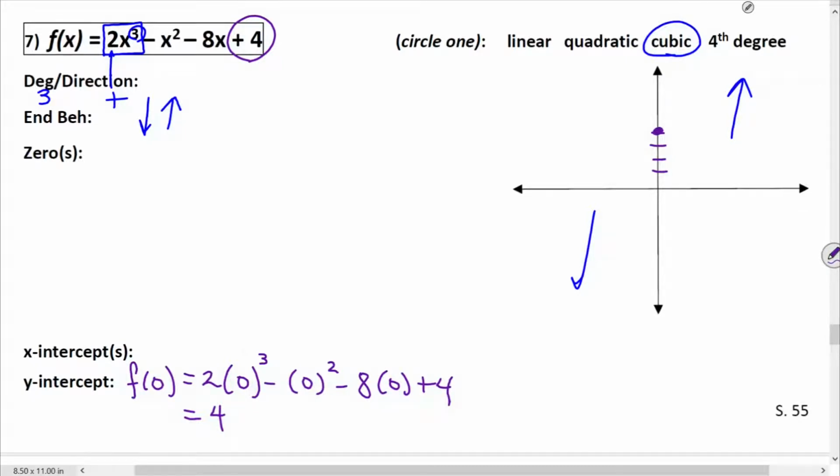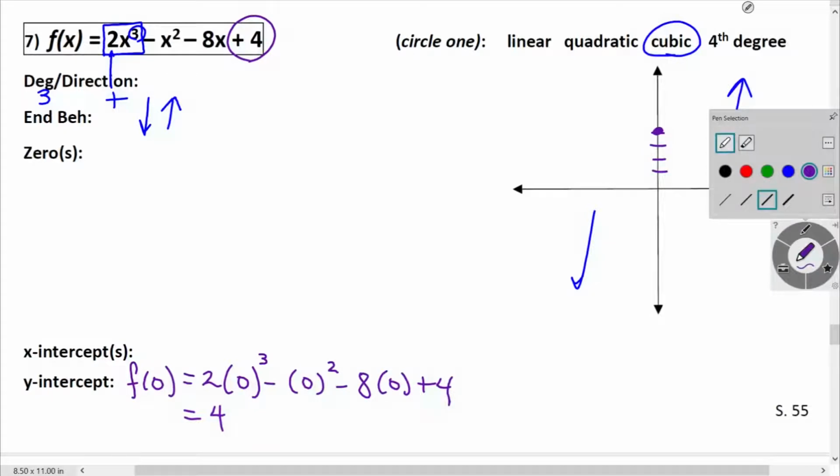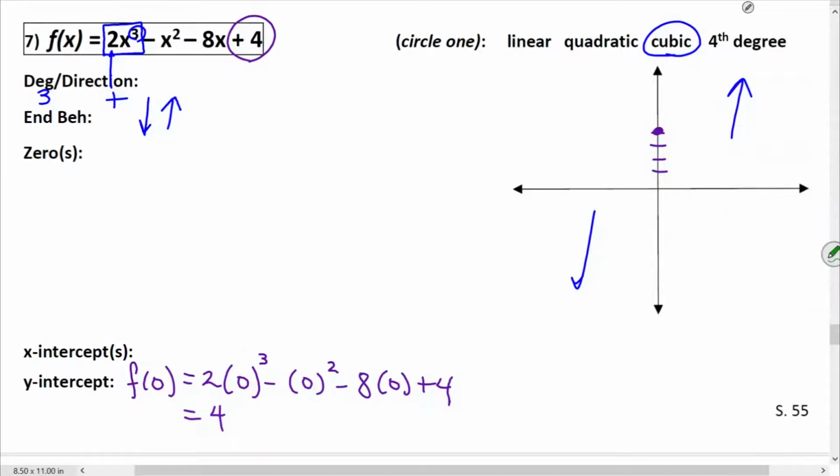Now to find the zeros is a little harder in an expanded form. So I'm going to think about solving this where y is equal to 0. I get one side equal to 0, which it already is, and then I do factor by grouping. So I'm going to group this way and this way.